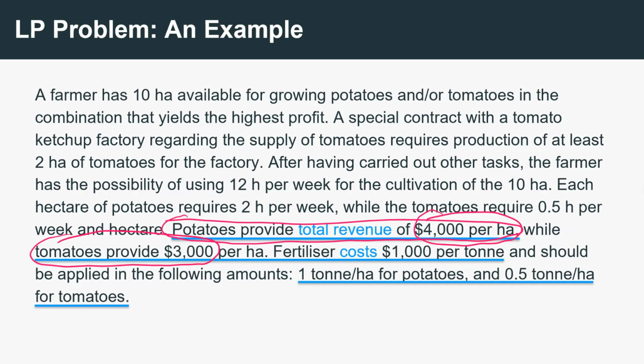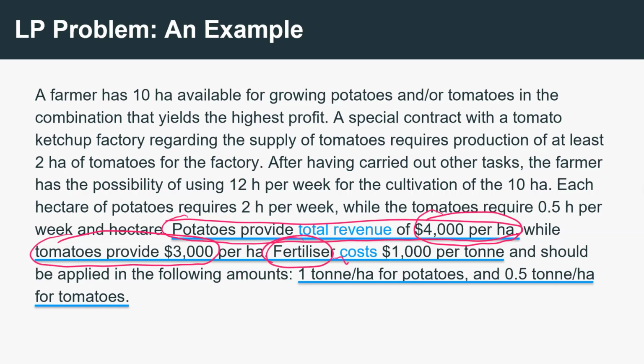So there are two sources of revenue, and the total revenue will be the revenue from both potato and tomato. We also need some information about the cost. Here in this example, there's only one type of cost, which is the fertilizer cost.